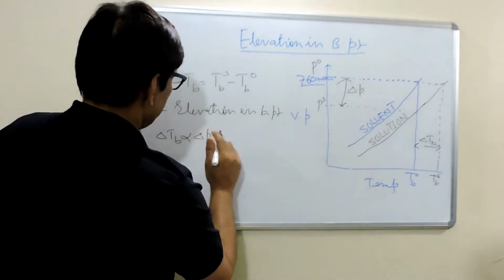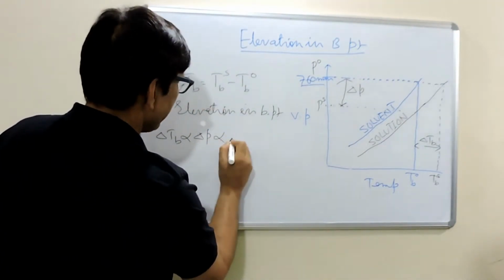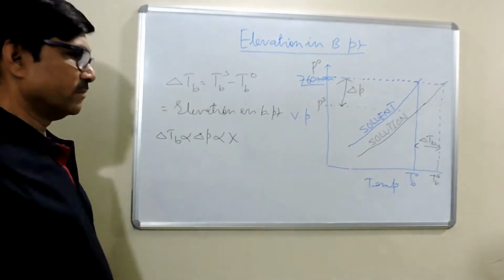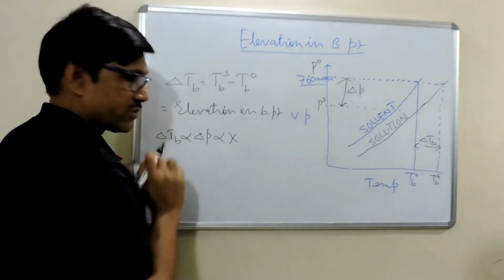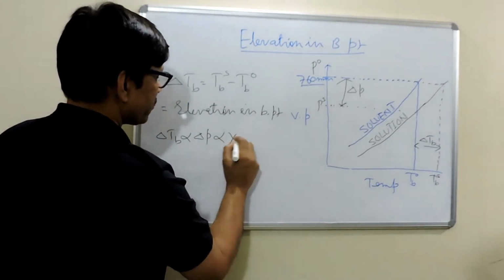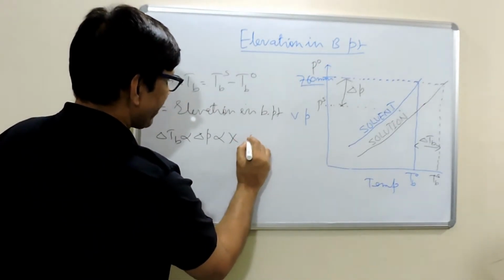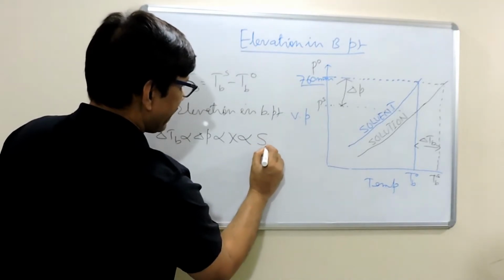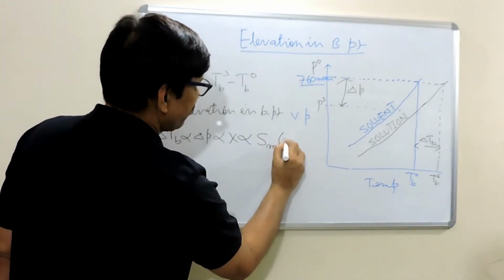And this lowering in vapor pressure, we have seen already, will depend on the mole fraction of solute, and this mole fraction of solute will be directly proportional to molality of the solution.